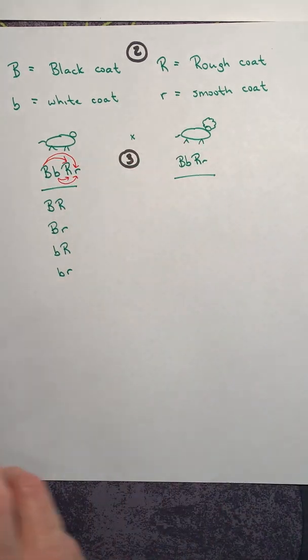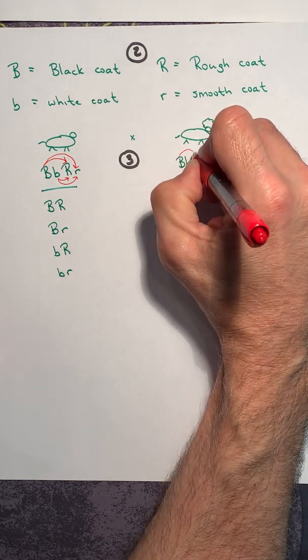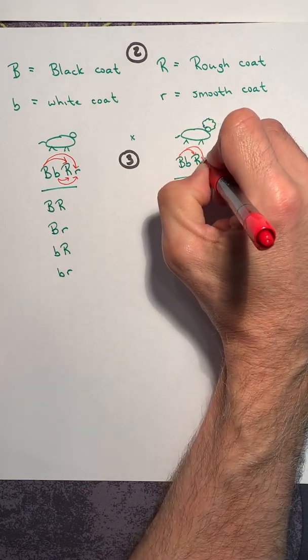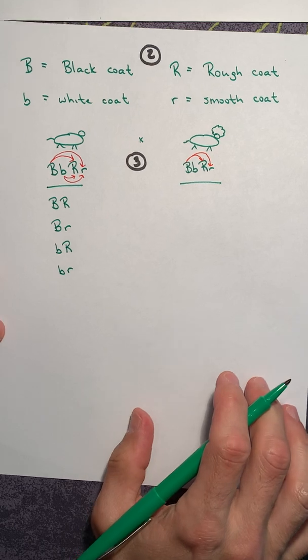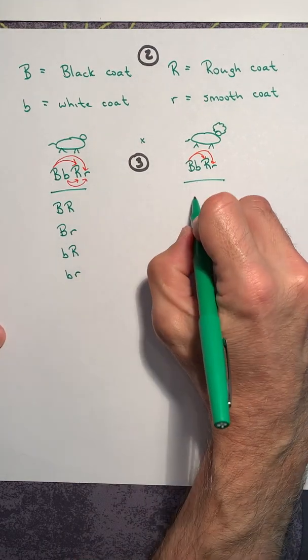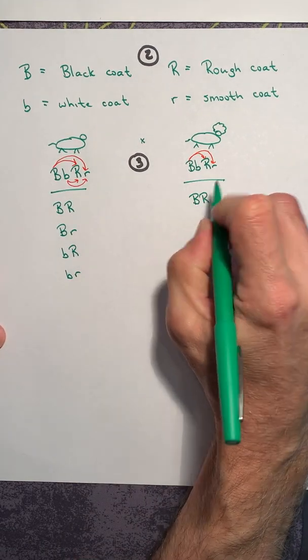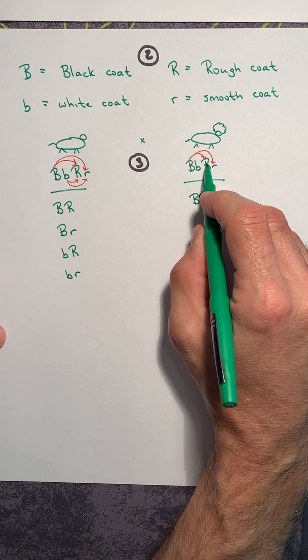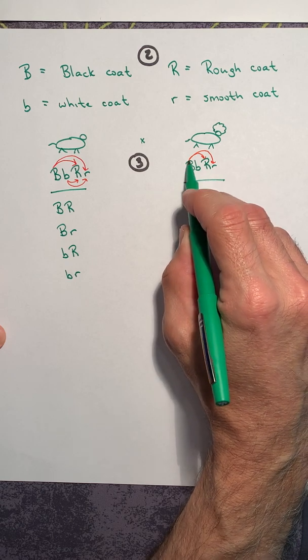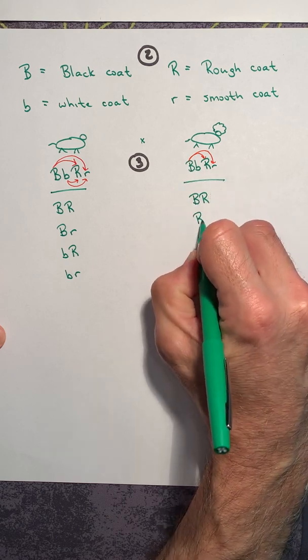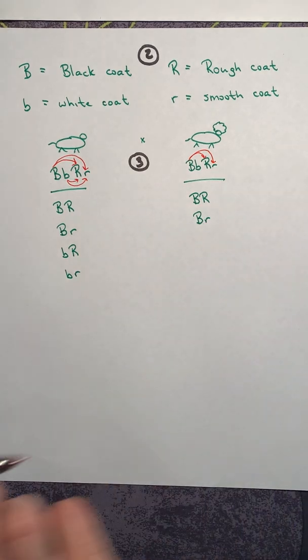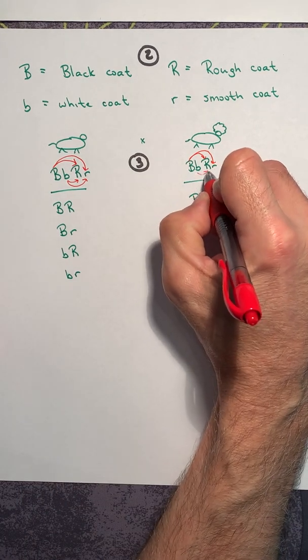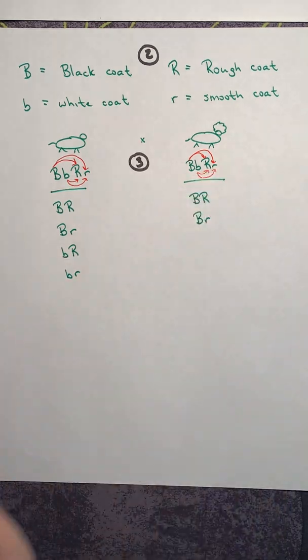Now, the nice thing about this problem is the female and the male have the same genotype. So they're offering the same alleles to their offspring. Big B, big R, big B, little r, like such. And then distribute the little b just like we did earlier.